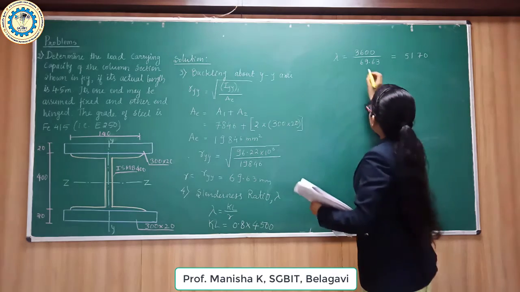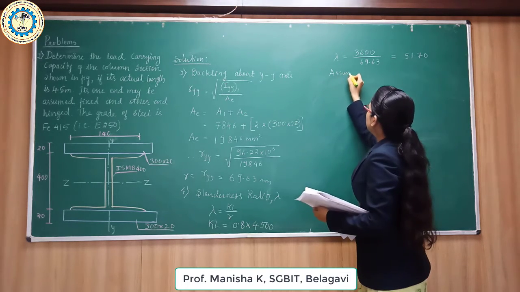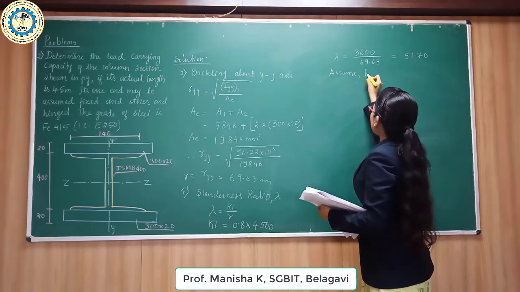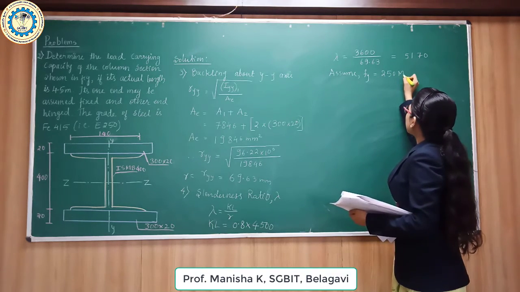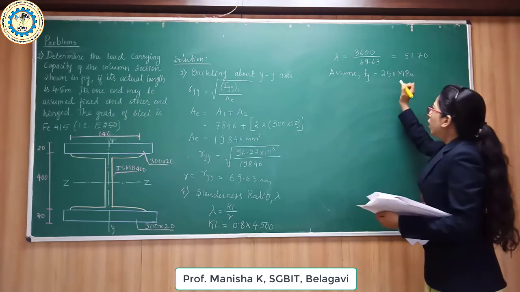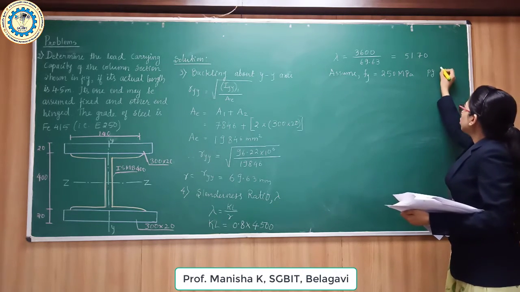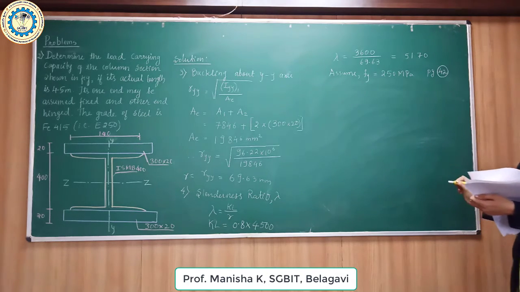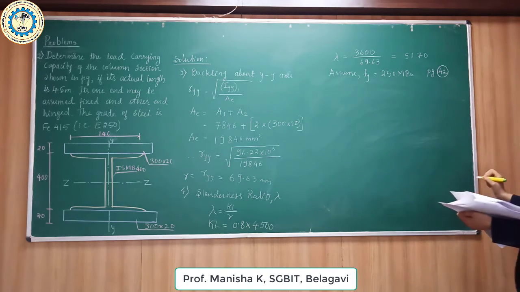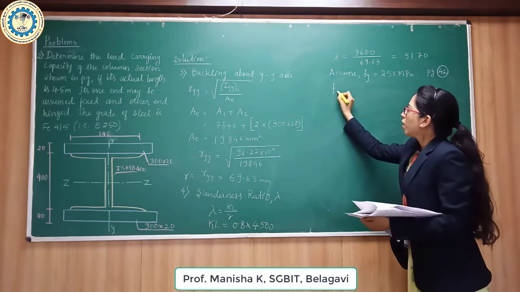Now we will assume f of y is equals to 250 MPa, and go to page number 42 of IS 207. Okay, in that you have to find out the value of f of CD.